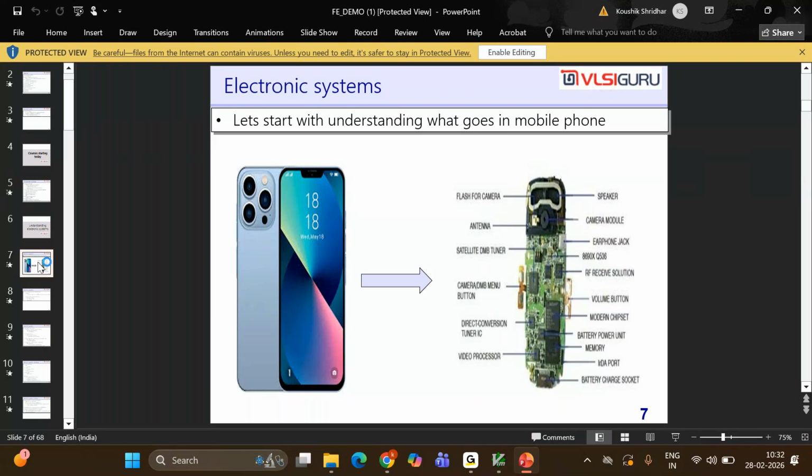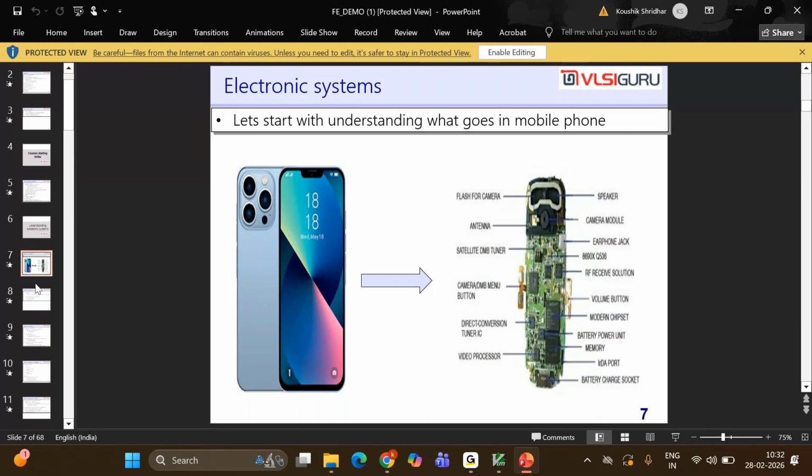Now, a mobile phone or any electronic system is not built using only hardware, it also has something called software. Software plus hardware makes up your electronic device. Hardware gives you the features, software gives you the optimization for those features.